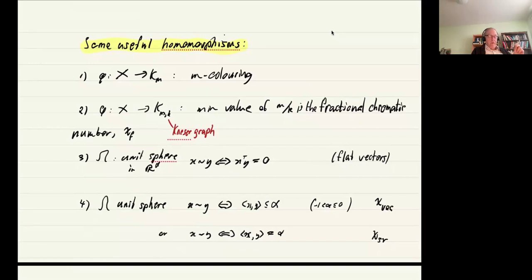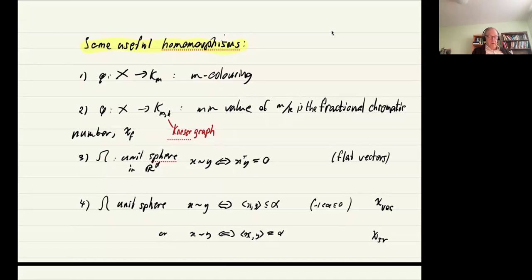That's an important graph, because if you choose m and k to minimize the value of m over k, such that the Kneser graph K(m,k) admits a homomorphism from X, you get something called the fractional chromatic number. You can actually attain the minimum, it's not an infimum. That can also be defined in terms of linear programming, but this is a simple definition to state anyway. So by replacing Km by this family of graphs, you go from m-coloring to fractional coloring.